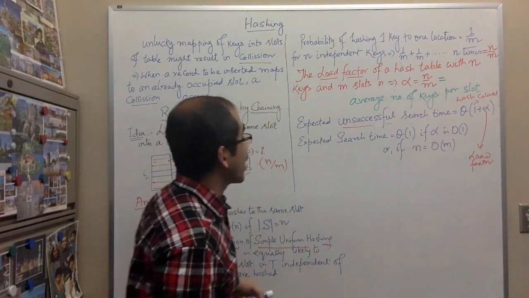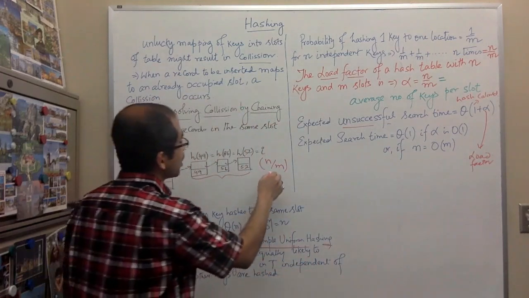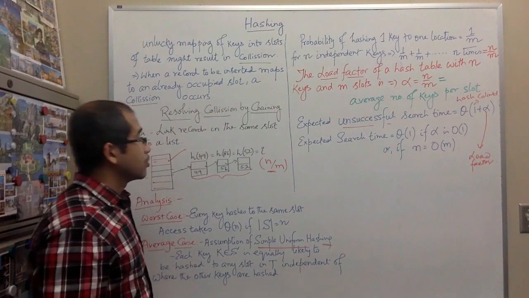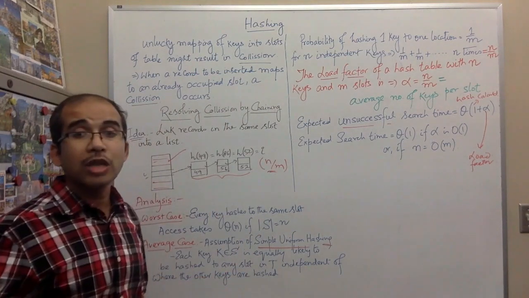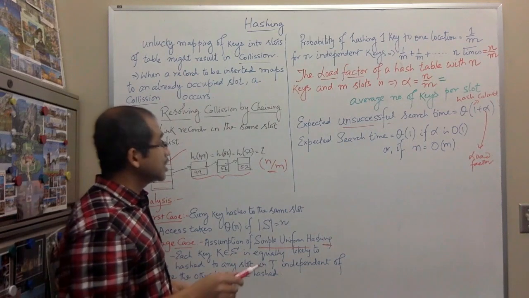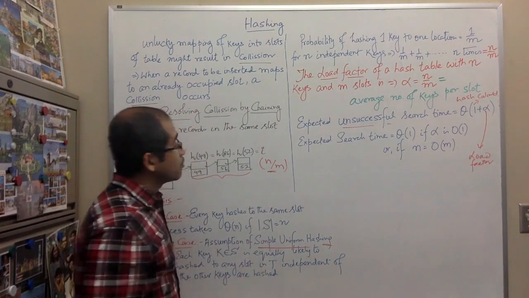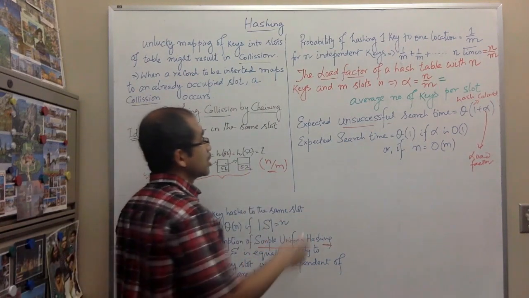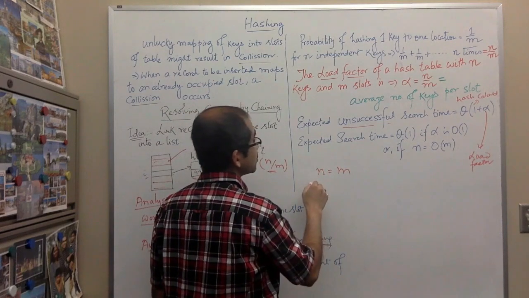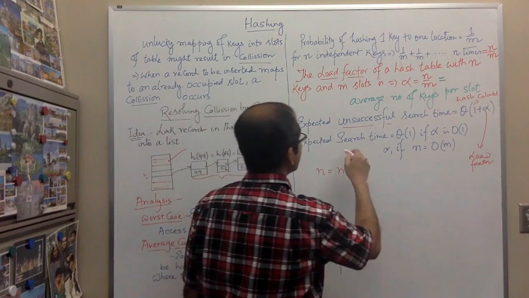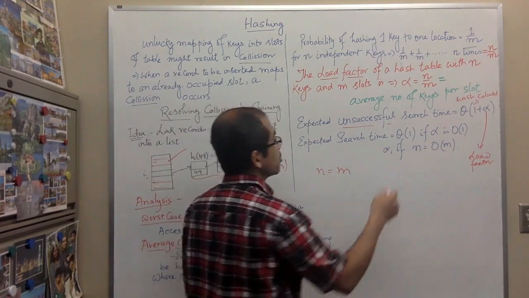Now, if you assume that n and m are comparable, that means the number of slots in the table, m, is comparable to the number of elements in the set of keys, n, then it's like n equal to m. From here we can see the expected search time will be theta of 1.